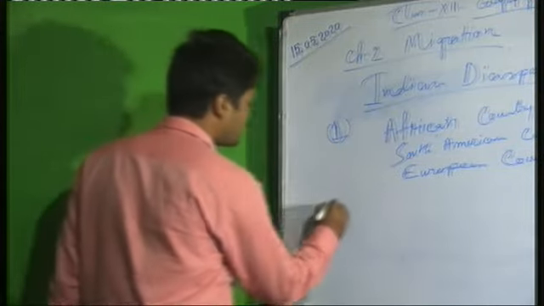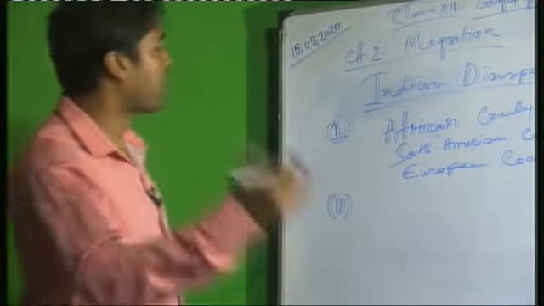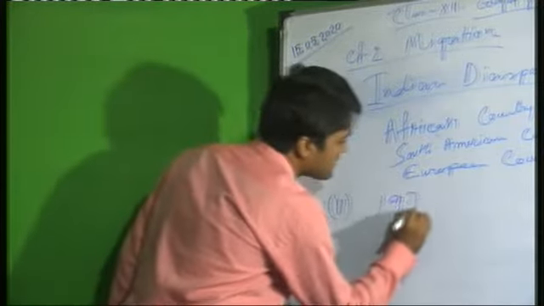After that, phase 2. Indian people shifted from India to another country around the year 1970.